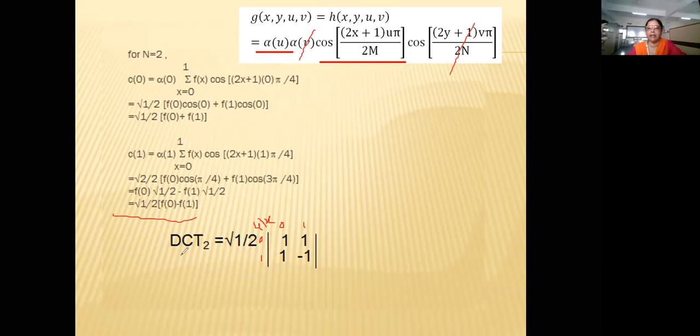So finally, when n is equal to 2, we get DCT2, that is the coefficient matrix for DCT, as square root of 1 by 2 into bracket 1, 1, 1, minus 1. Okay, so this is your DCT coefficient matrix for n equal to 2. Hope this step is clear to you.